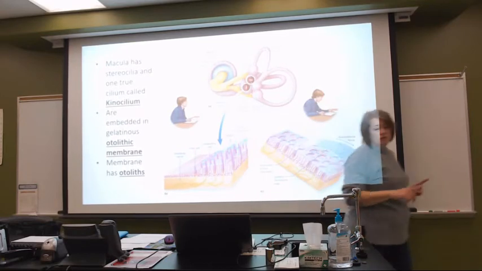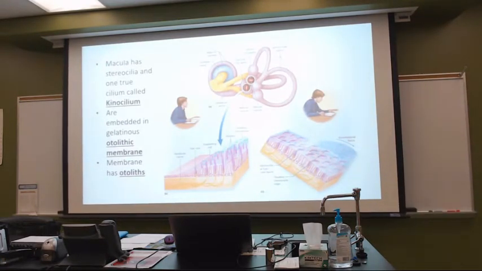In this area, the reason we say otolithic is because it has otoliths. In layman's terms, these are little bone crystals. And when they first started learning about this, they literally referred to them as rocks, because that's how they kind of looked with the visualization we had at the time. And what they are is little tiny bone crystals.